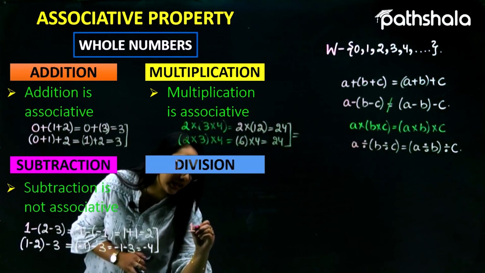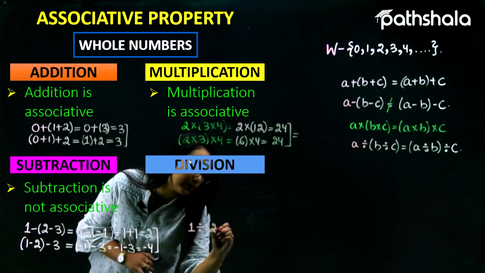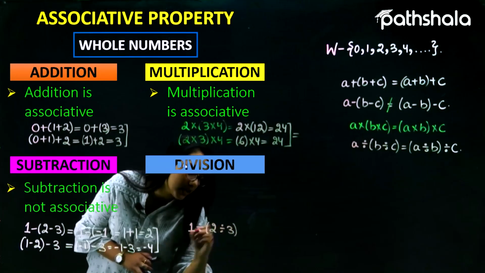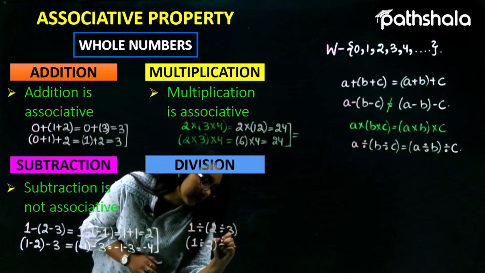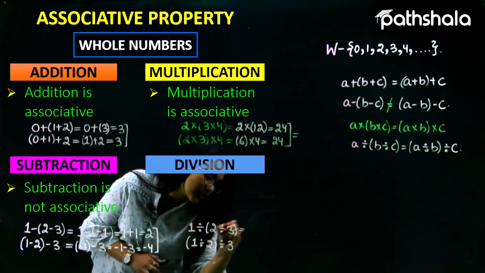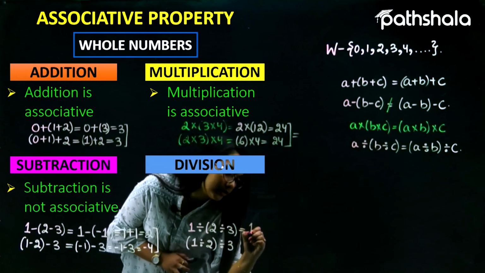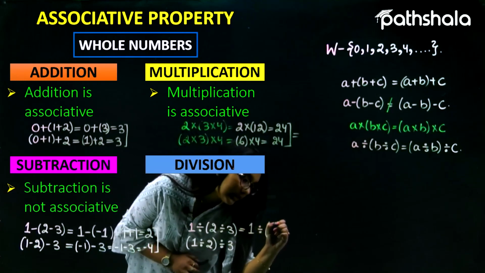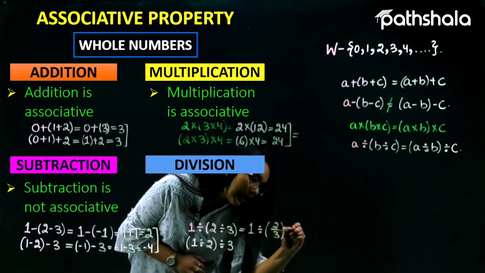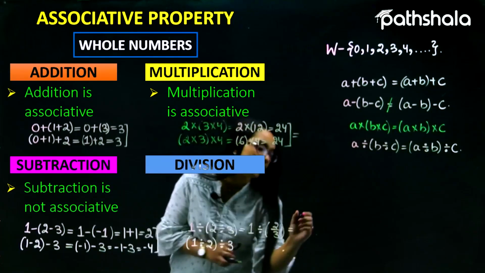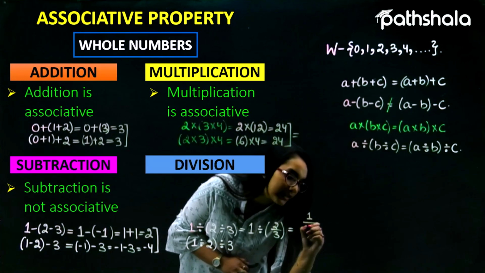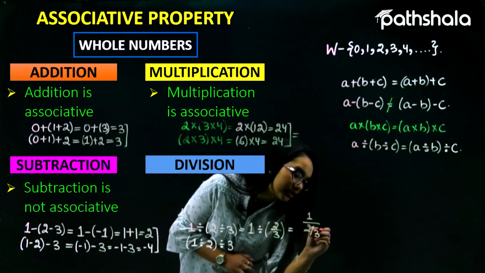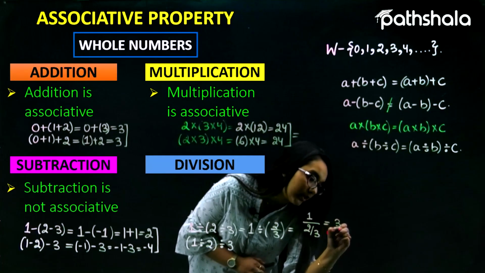Let's take 1 divided by (2 divided by 3). The answer of the first one will be 2 divided by 3, which is 2 by 3, and 1 divided by 2 by 3 means that 1 is in the numerator and 2 by 3 is in the denominator. So the answer is nothing but 3 by 2.